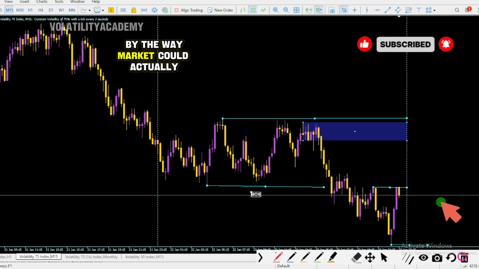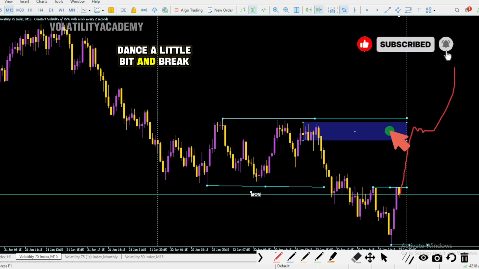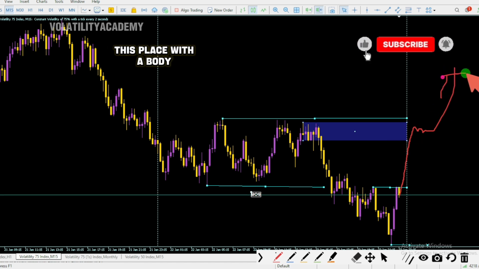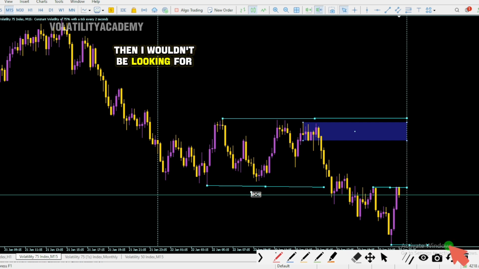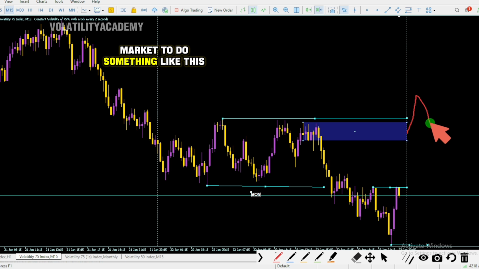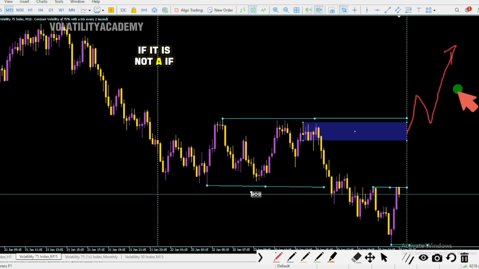By the way, market could actually do this. Market could come here, dance a little bit, and break this place with a candle body close. If this happens as well, then I wouldn't be looking for sales, but I'll be looking for market to do something like this and go upwards.